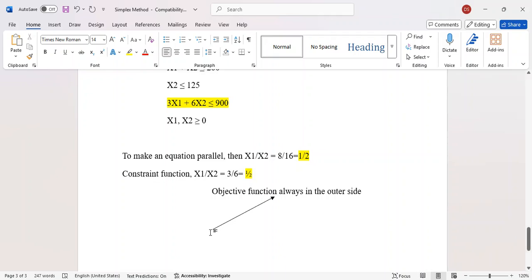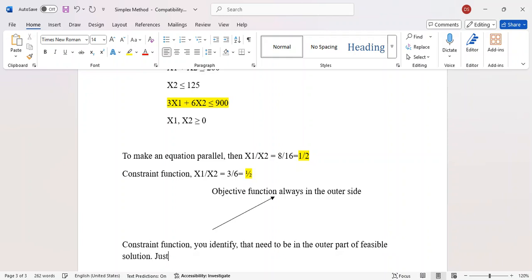When you draw the same thing, you will find the constraint function, whatever you identify, needs to be in the outer part of the feasible solution.